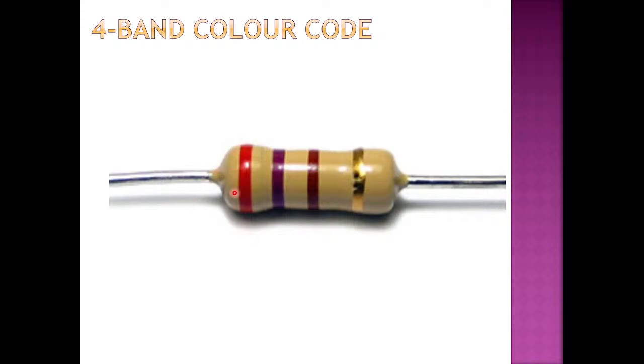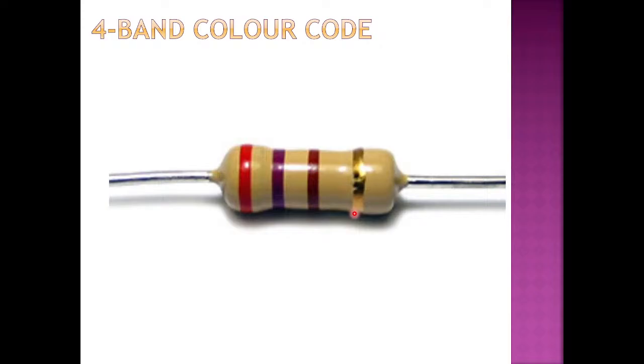This is one color, second, third, and fourth. Total 4 colors are there. Among the 4 colors, 3 are the resistance values, one is the tolerance value. So this is the 4-band color code, a common type of resistor.